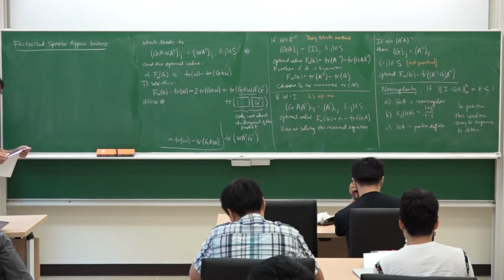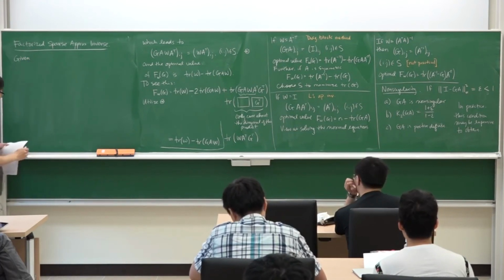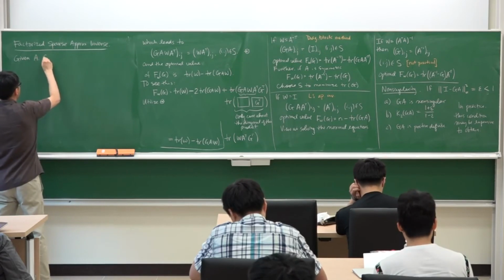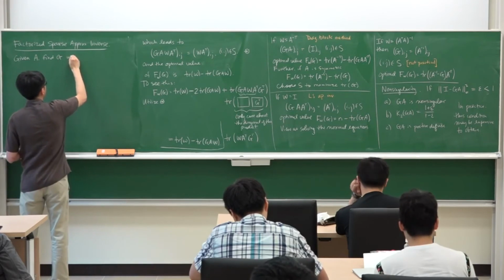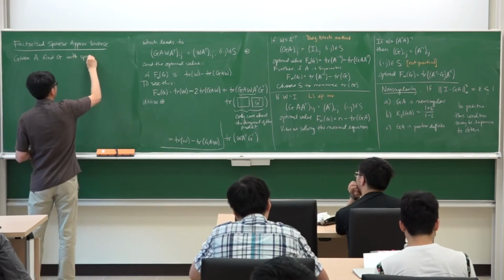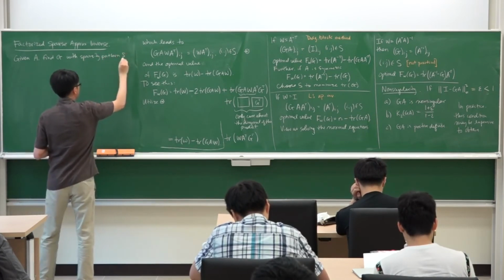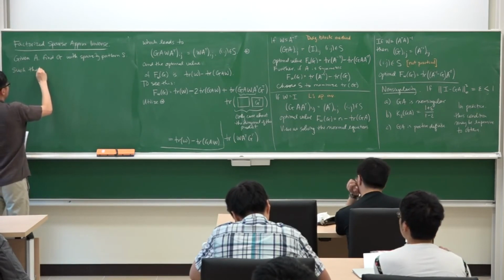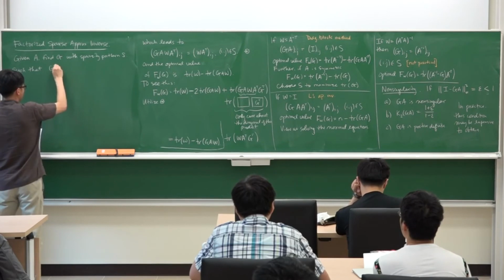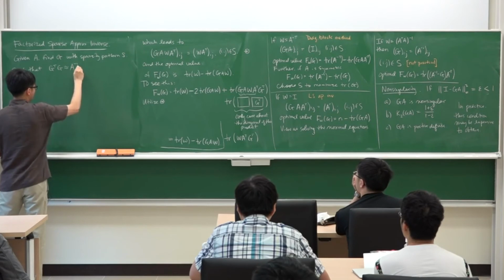And this is also due to Kolotilina and Yeremin. So given matrix A, now we're going to find a G with sparsity pattern S such that G transpose G is approximately equal to A inverse.